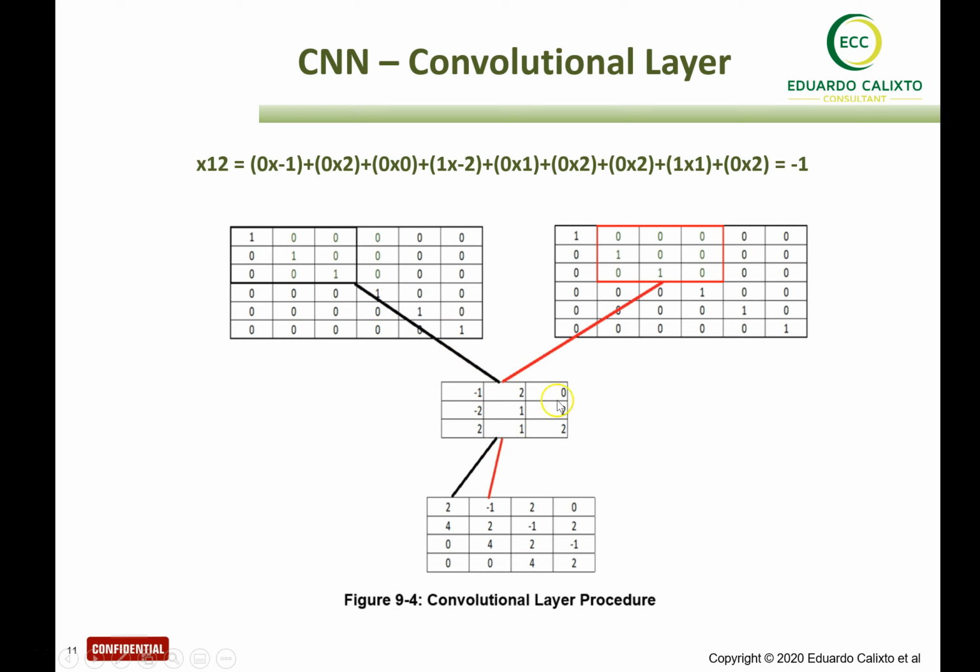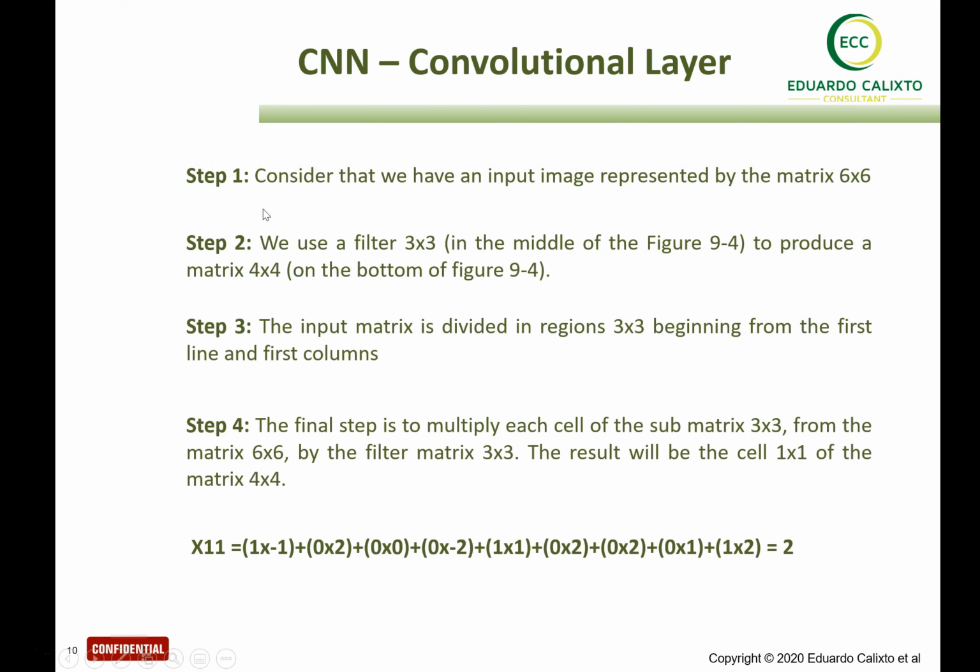The objective of this filter is to transform this matrix into a smaller matrix and reinforce the areas that have a higher number. That is basically what this convolution layer does. In order to do that, we go to the next step.